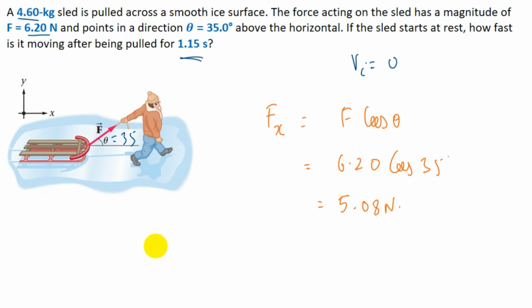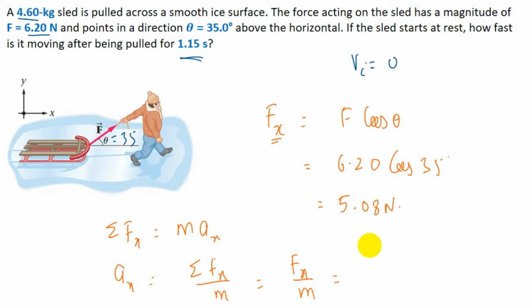Now from Newton's second law of motion, we can write that sigma Fx is mass times the acceleration of the object along the x direction. Now from here, Ax would be sigma Fx divided by the mass. The net force along the x direction is only this force Fx, so we can write Fx divided by the mass. So Fx we have 5.08 Newton divided by mass 4.60. So with this, the acceleration is 1.10 meter per second squared.